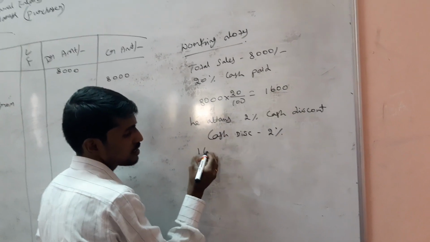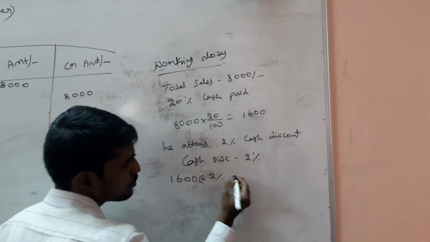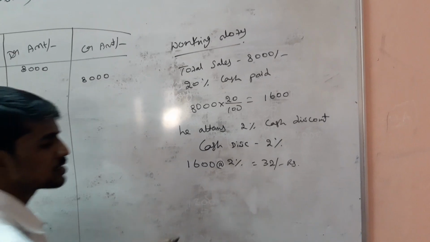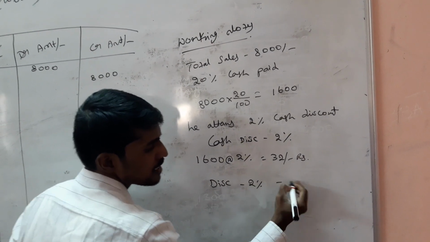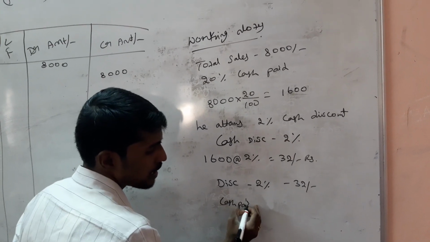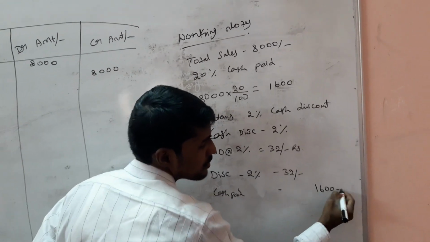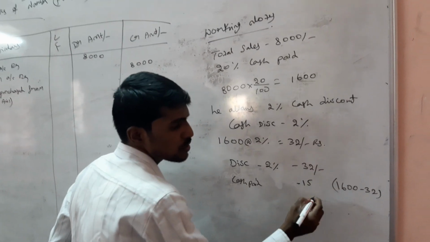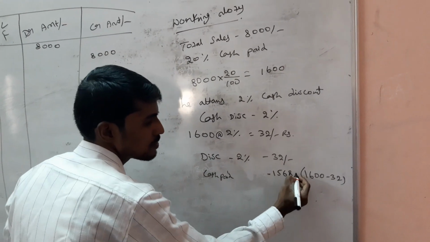On the cash, calculation 1600 into 2%, and 2% is equal to 32 rupees. So this person gets a discount of 2%, that is 32 rupees. Cash paid is 1600 minus 32, which means 1568. This will be the amount.